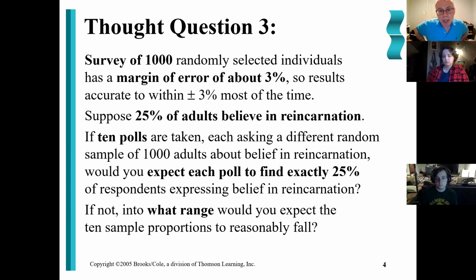Well, based on this idea of margin of error, we would expect 25% plus or minus 3%. So 22% on the low side, 28% on the high side. So based on this idea of margin of error, that's the range we would expect to find for that particular sample, somewhere in between those two values. All right, there's a good chance it would be in between those two values.